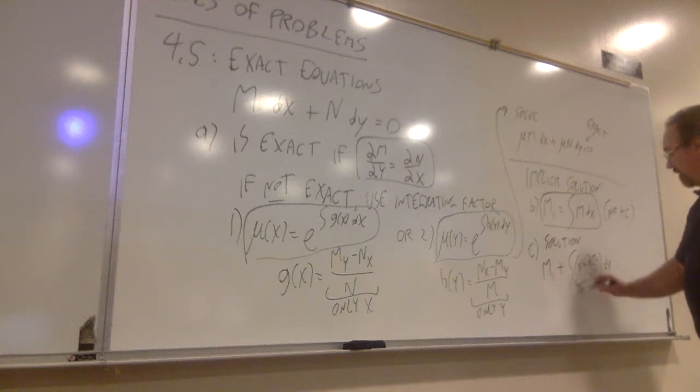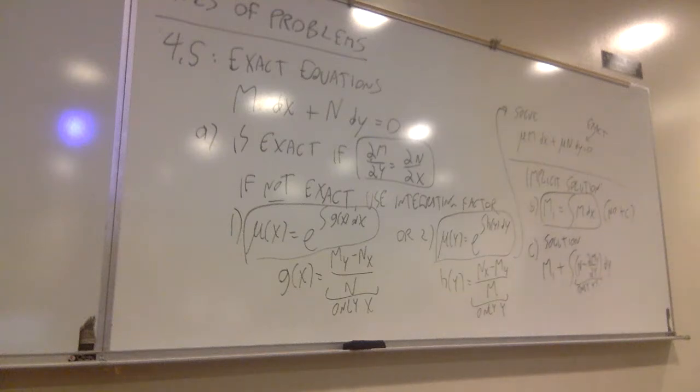Whatever you get here must be a function of only y. Anything involving x must cancel or somehow go away. If it doesn't, that's your signal that you messed up somewhere. So you need to backtrack. And all of that, don't forget, is set equal to 0.